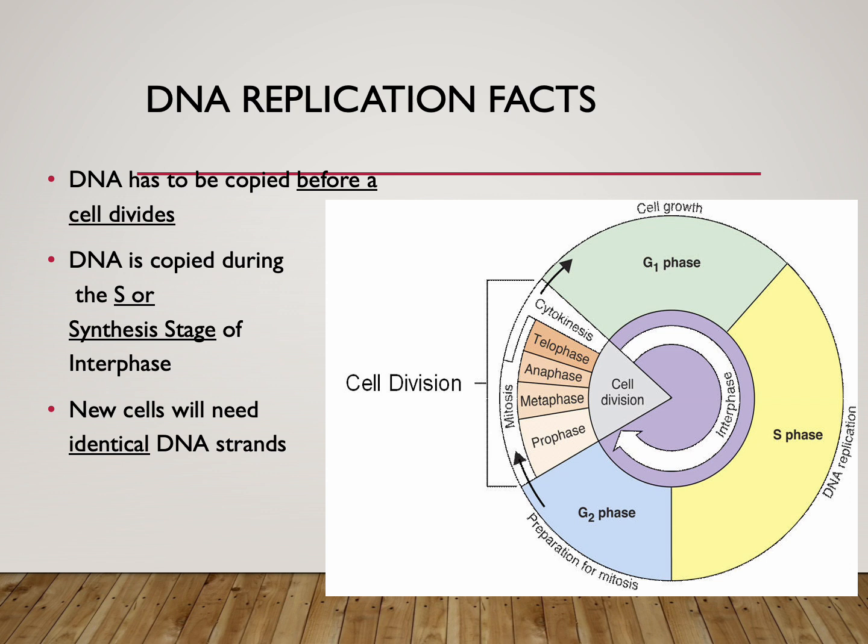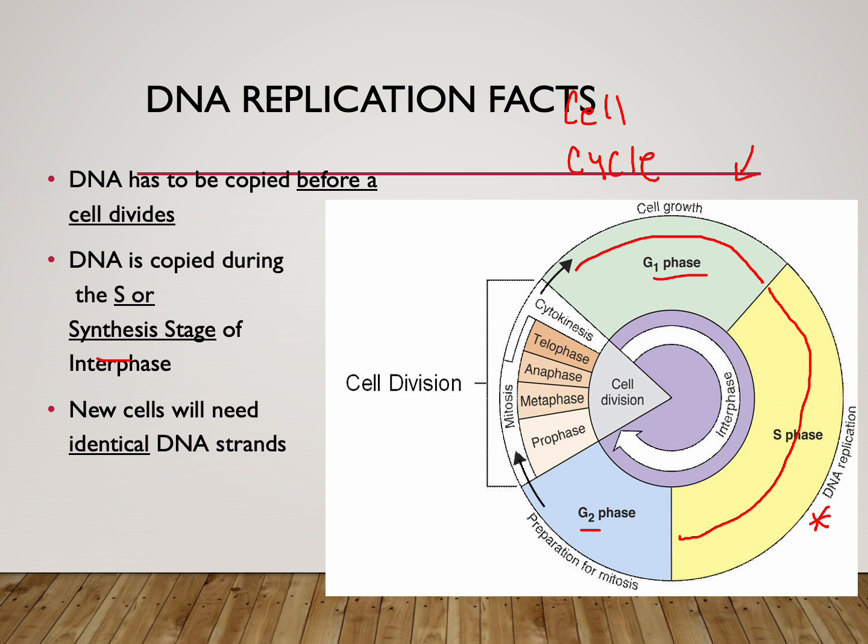As we take a look at DNA replication, let me get the pen, we need to look at the cell cycle. And this diagram is representing the cell cycle. The cell cycle, in other words, the whole life of the cell, we have a growth phase, which we'll call G1 phase, continuing through an S phase, which is known as synthesis. This is where DNA is replicated in the S or synthesis stage.